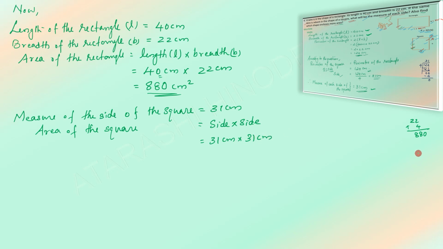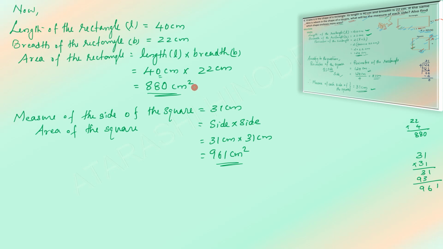Now let us multiply 31 into 31, that is 961 centimeter square.